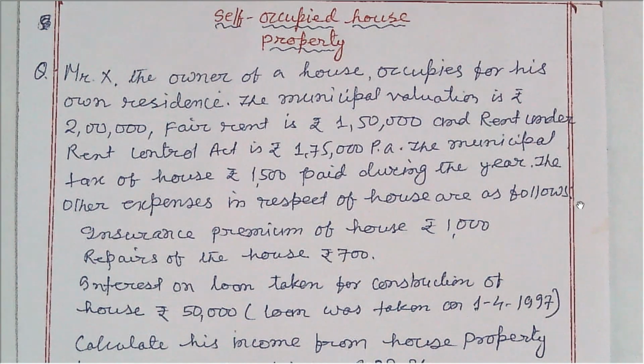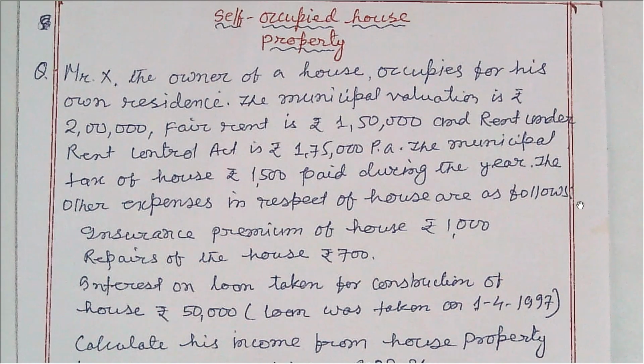So as per the Income Tax Act, provisions are given that an owner who has two houses maximum for self-occupied purposes is exempt from tax.